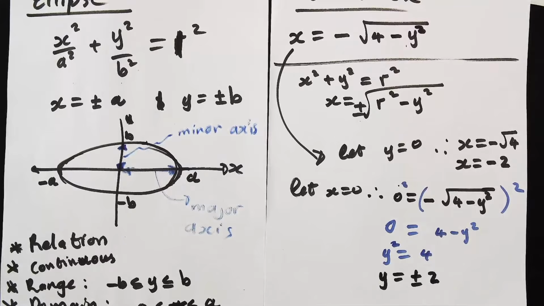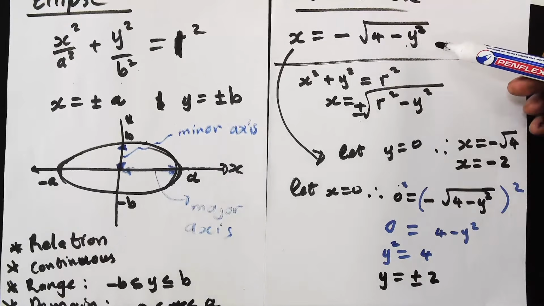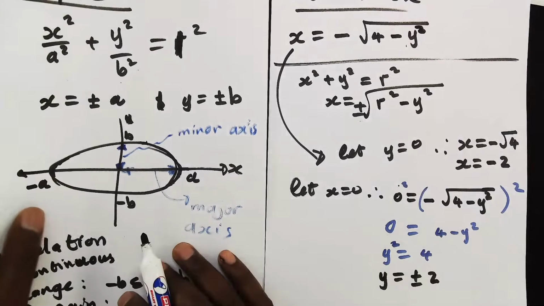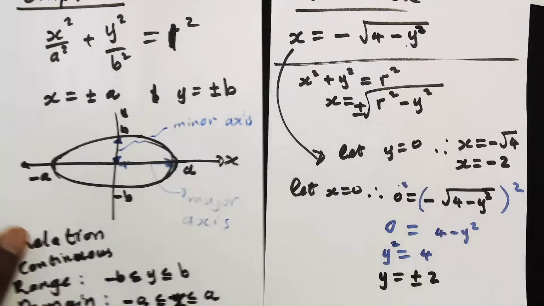I hope that is clear. So the other one, the original equation that was given, was just x equals minus 2. Therefore, when you solve for x, that's why you got minus 2. But when you solve for y, now you get two values then.